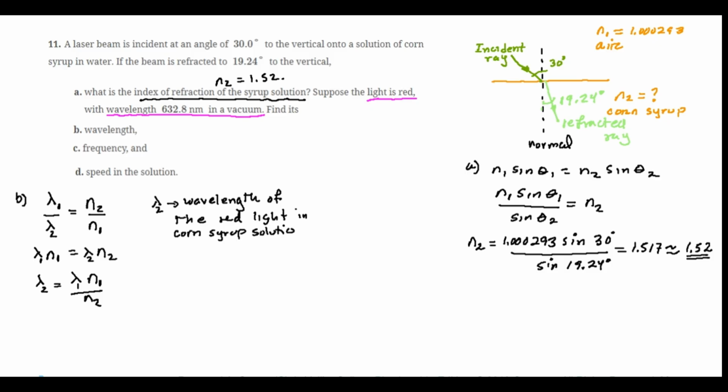Why? We know that wavelength 1 is the wavelength of the red light in the air, or in vacuum in this case, but vacuum and air are always very close.